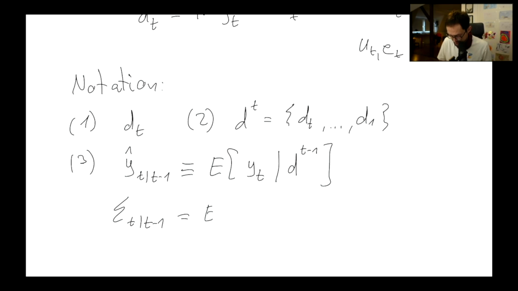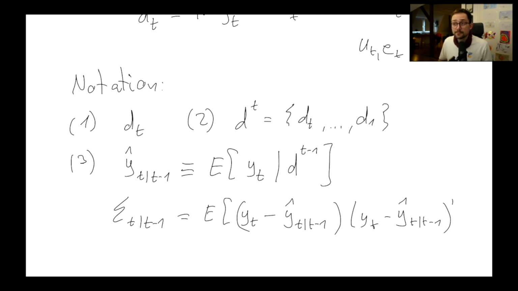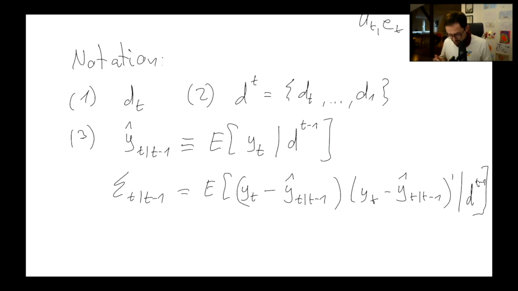So this is the expectation of yt minus y hat t-1 times yt minus y hat t-1 prime given dt-1, so the conditional expectation of the squared deviations. This is basically a mean squared error matrix, but we will also call this the covariance matrix conditional on dt-1. Okay, so this is the notation.